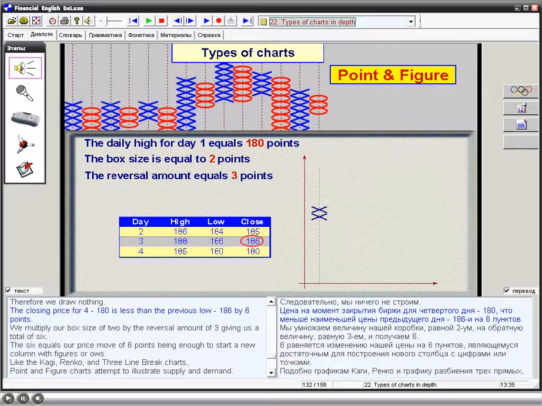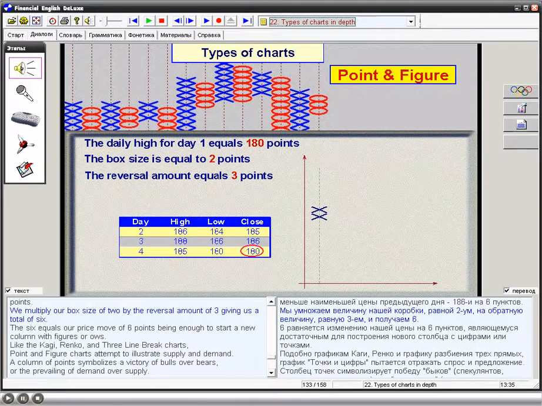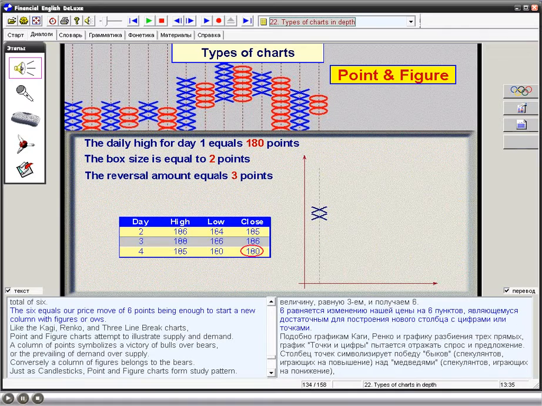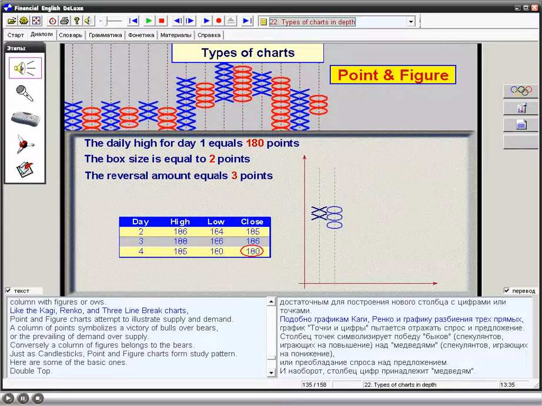The closing price for day 4, 180, is less than the previous low, 186, by 6 points. We multiply our box size of 2 by the reversal amount of 3, giving us a total of 6. This 6 equals our price move of 6 points, being enough to start a new column with figures, or O's.